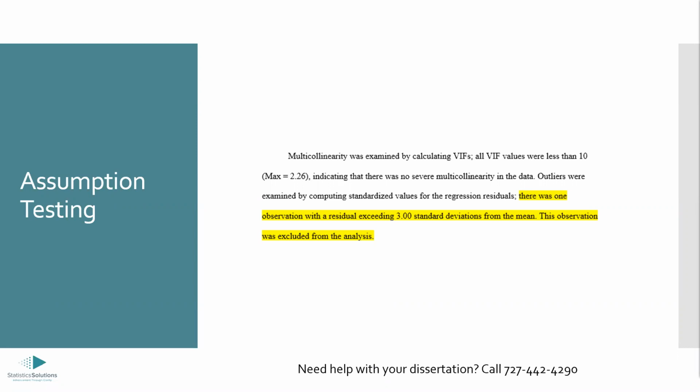We say what our criterion was for determining the outlier, and then we say what our course of action was for dealing with that outlier. So in this case, we just say that we excluded that particular observation from the analysis. So this is just, again, a very brief example of how you might write up some assumptions and how you might describe action taken to account for violations of the assumptions.